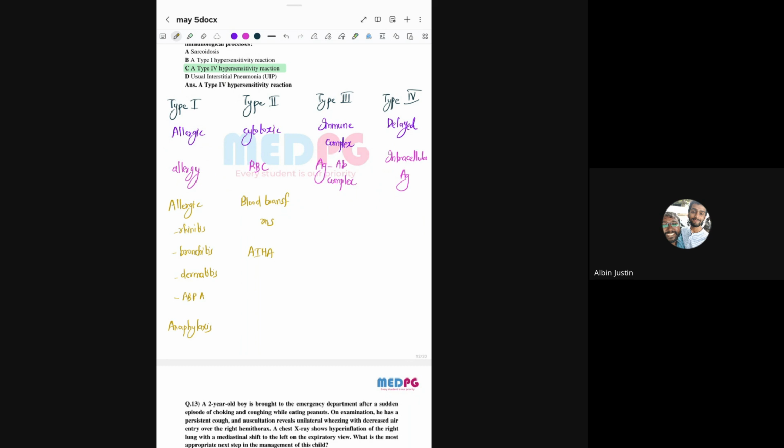Type 3 will be AGN and PSGN, RA, Arthus reaction, serum sickness, and the important thing is type 2 lepra reaction. Here it will be tuberculin test, Mantoux, lepromin, type 1 lepra reaction.